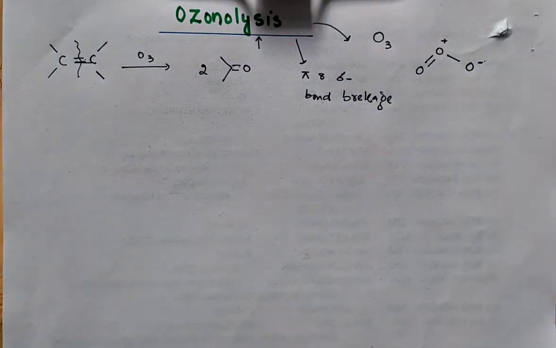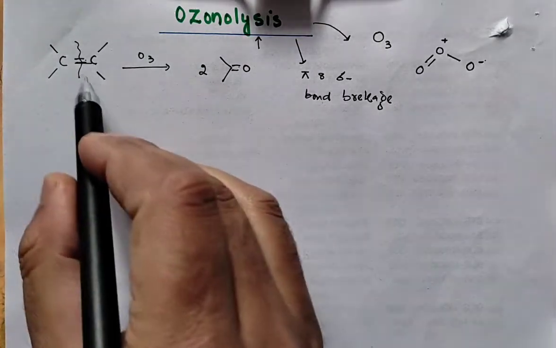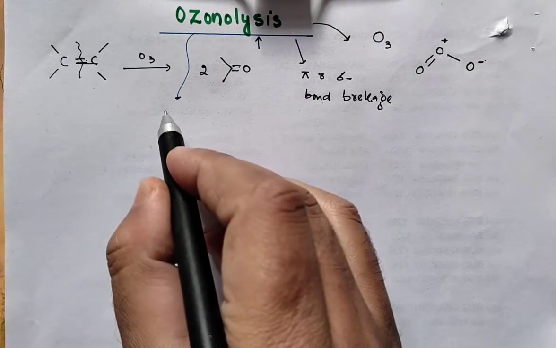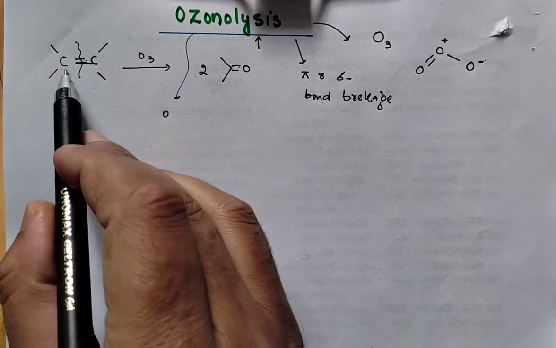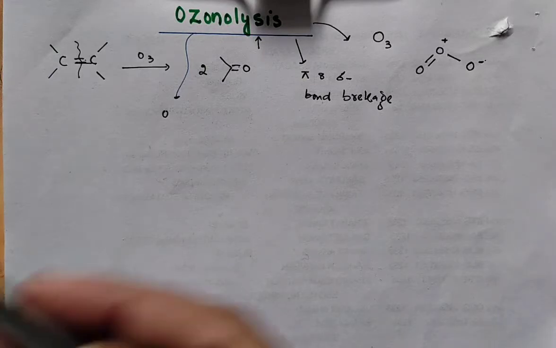Okay? Now, what is the result of this ozonolysis? We can say ozonolysis in general is an oxidative cleavage, because we have converted alkene to a higher level of oxidation, that is a carbonyl compound or aldehyde.